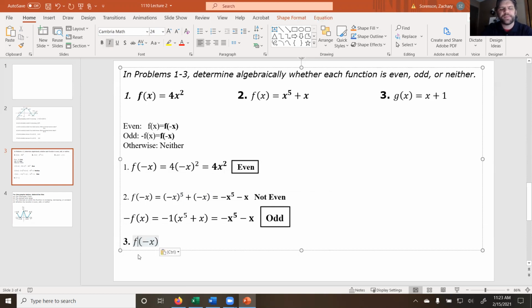So I have a g, but really function name doesn't matter. The process is exactly the same. So g of negative x is just negative x plus 1. That's not my original function. Okay.